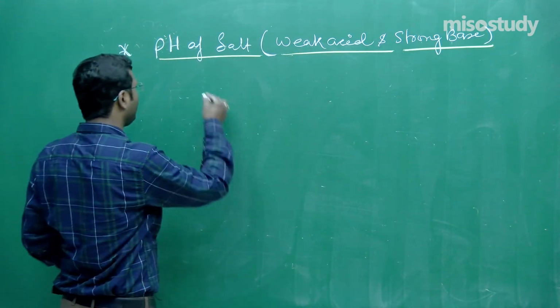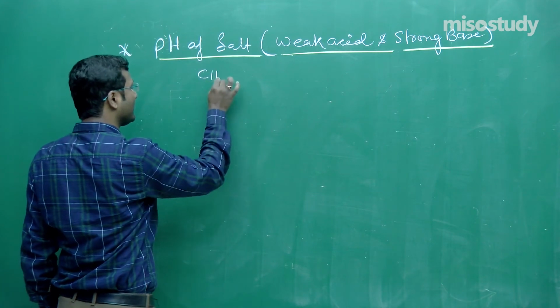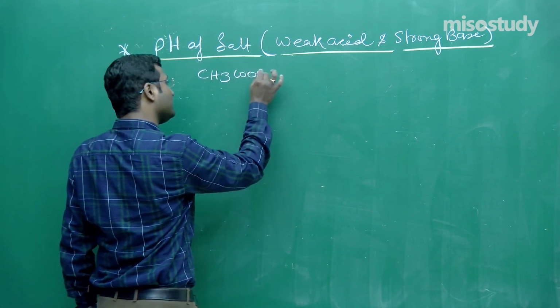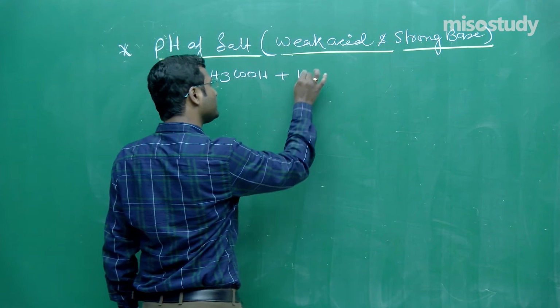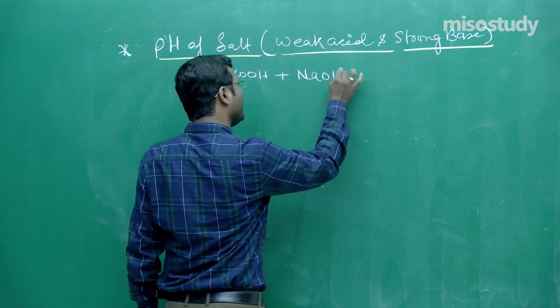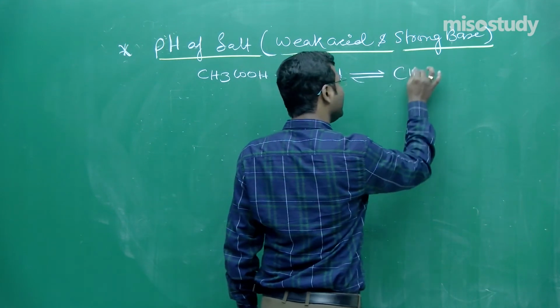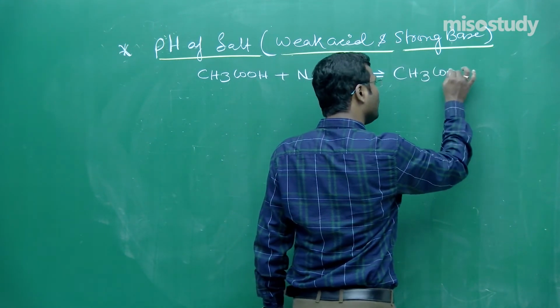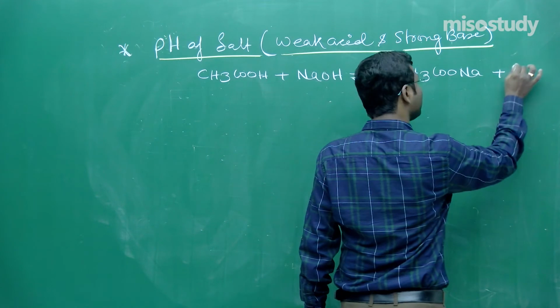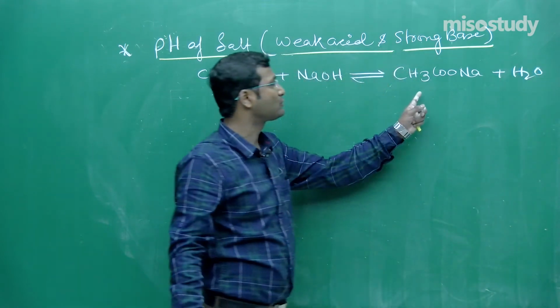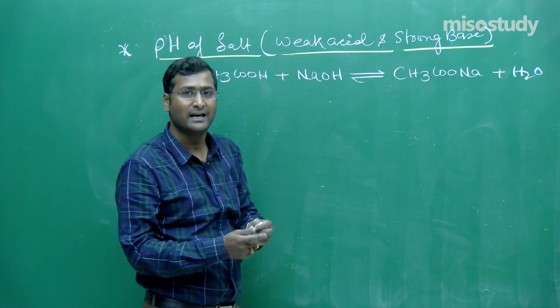First of all, I am taking an example of weak acid, CH3COOH, and a strong base, NaOH. It will give CH3COONa plus H2O. This is the example of salt which comes from weak acid and strong base.